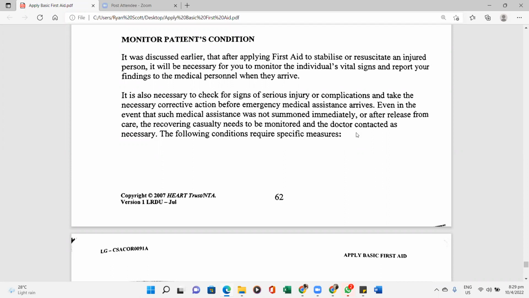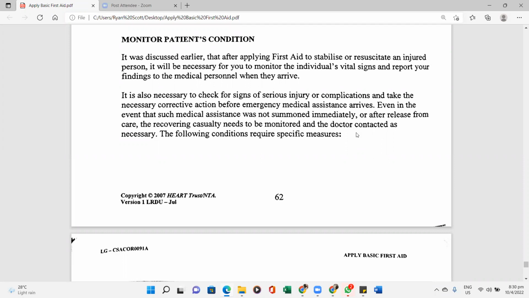It is necessary to check the signs for serious injury or complications and take the necessary corrective action before emergency medical assistance arrives. Even in the event that such medical assistance was not summoned immediately or after release from care, the recovering casualty needs to be monitored and the doctor contacted as necessary. The following conditions require specific measures.